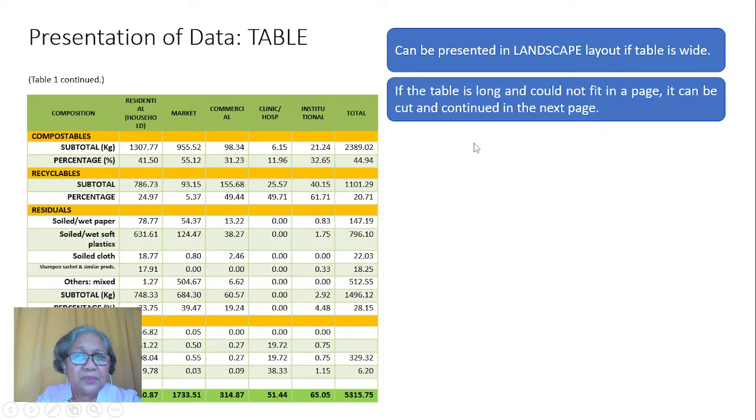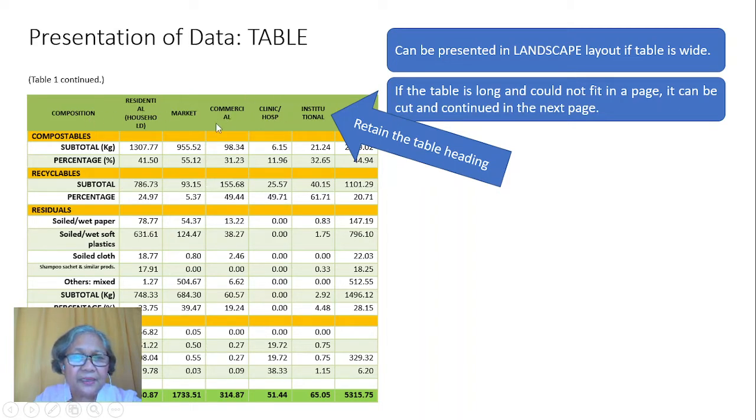Or if the table is long and could not fit in a page, it can be cut and continued in the next page. But in the continuation, we are going to put there table 1 continued, for example, and then retain the table heading. Retain the table heading. So you will notice that in the previous slide, the compostables have the details.